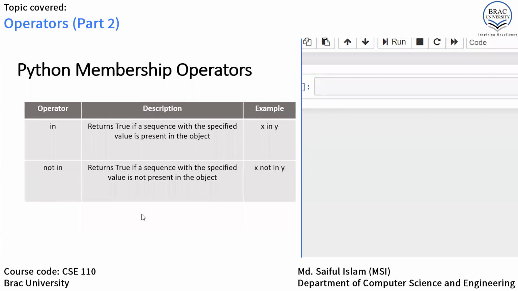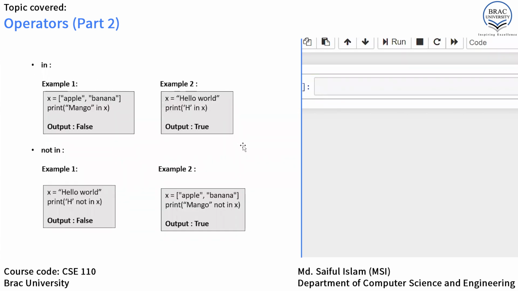At first, we will take a string, "hello world", in the variable x, and we will print "h" in x. Let's see what the output will be.